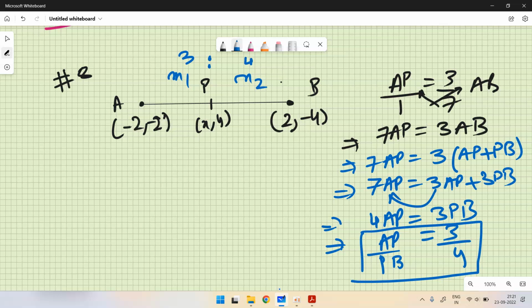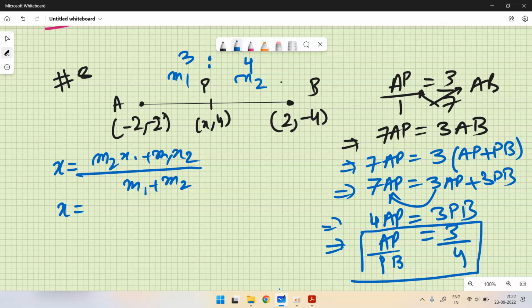Using the formula, the value of x is (m2 x1 + m1 x2) / (m1 + m2). So x is (4 times -2 + 3 times 2) / (3 + 4).